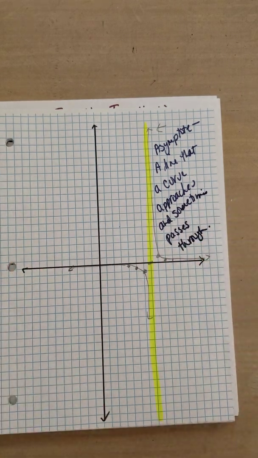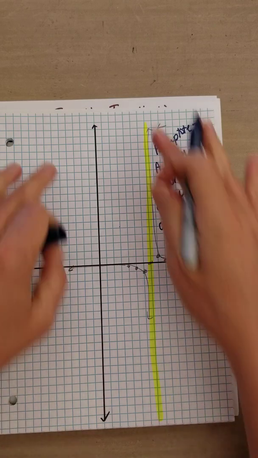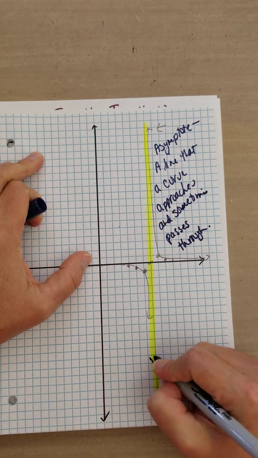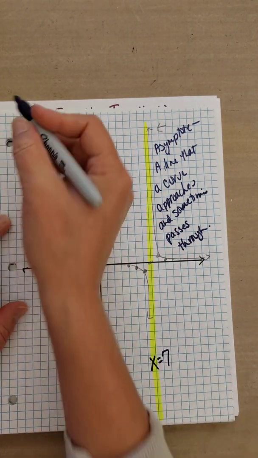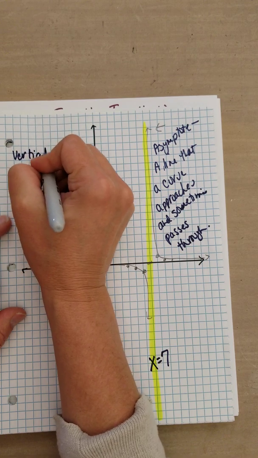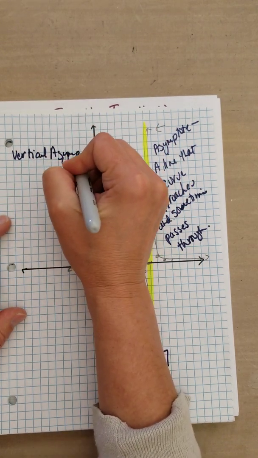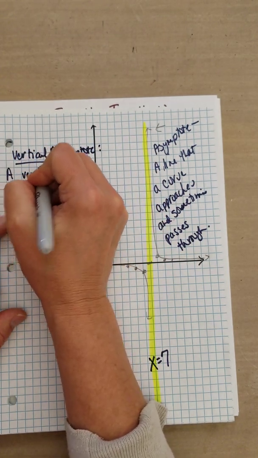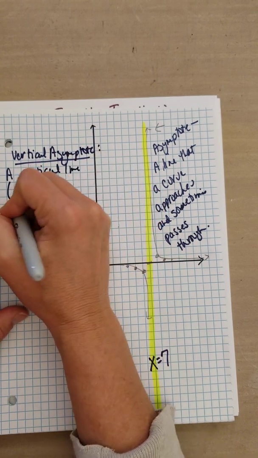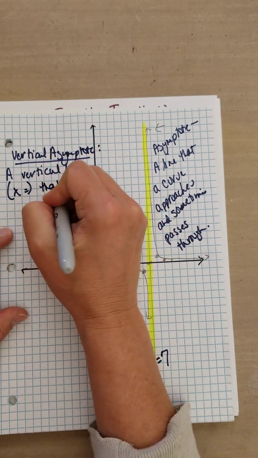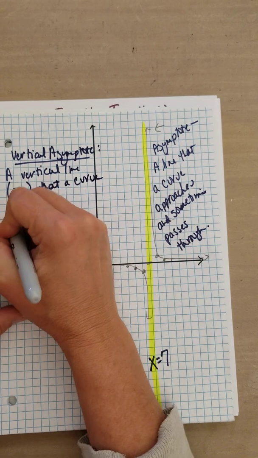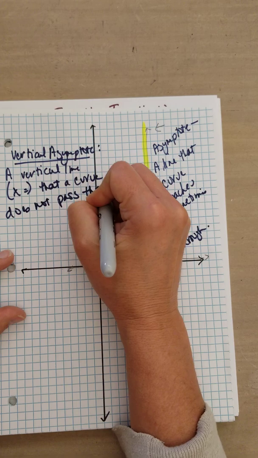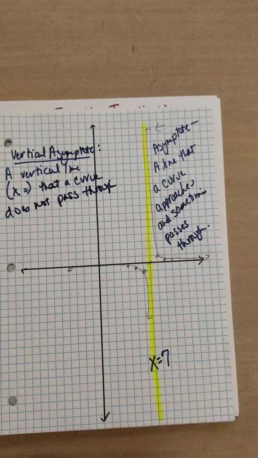All right. So if I'm looking at this guy right here, it's a vertical asymptote. That's a line. This line is in the form x equals 7. That's my vertical asymptote. So a vertical asymptote is a vertical line in the form x equals, that a curve does not pass through, because it never will, because those are the spots where the denominator is 0.